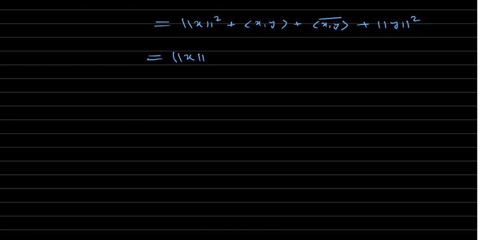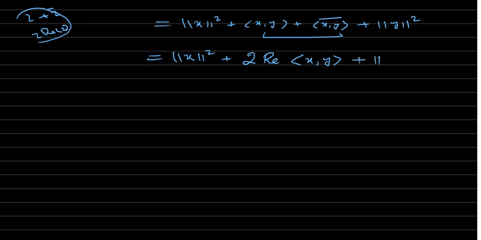Plus this, it's a complex number plus its conjugate. It's like z plus z conjugate, so that's twice the real part of z. If z is x plus iota y, z conjugate will be x minus iota y, then their sum will be 2x, which is twice the real part of the complex number. So it's twice the real part of the complex number, the inner product xy, plus norm y squared.